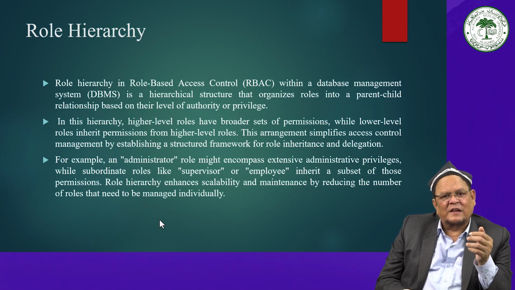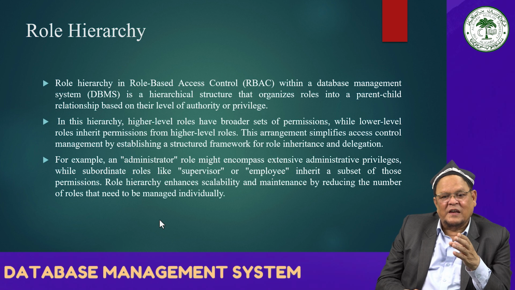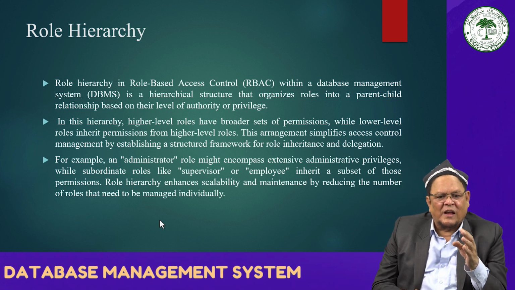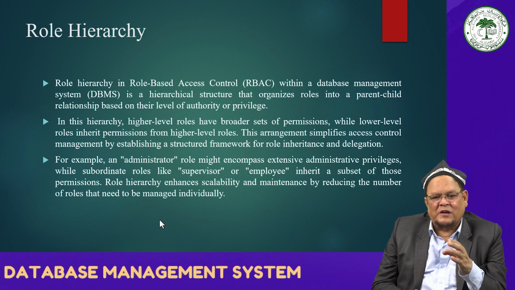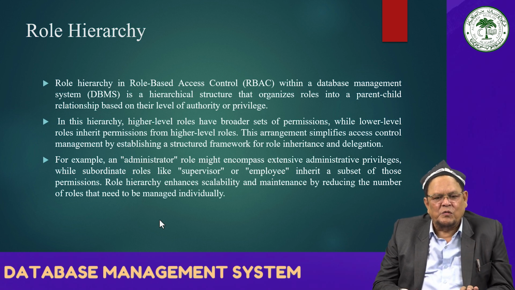For example, I have taken one example on the screen. You can see the administrator role might encompass extensive administrative privileges, while subordinate roles like supervisor and employee inherit a subset of those permissions.